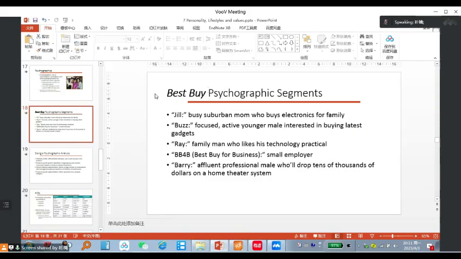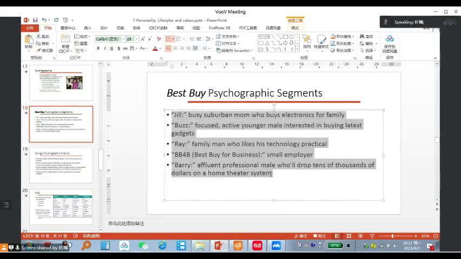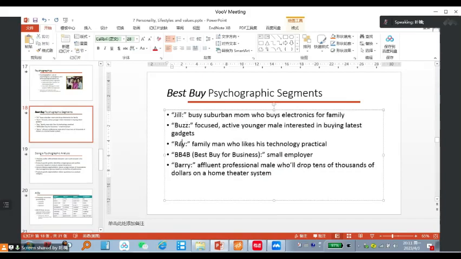Here is the psychographic segments of Best Buy. Best Buy segments their consumers into different groups: Jill, Buzz, Ray, BB4B, Barry. Jill refers to busy suburban mom who buys electronics for family. Buzz refers to focused, active younger male interested in buying the latest gadgets.